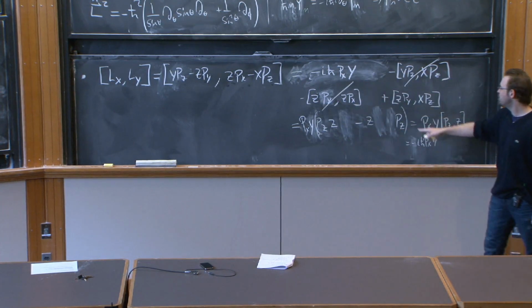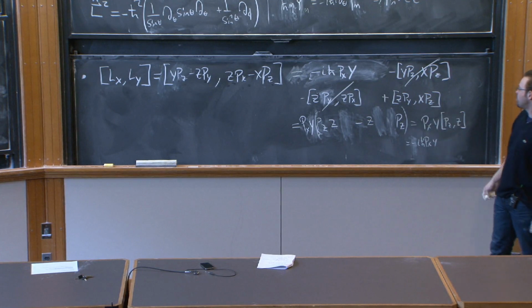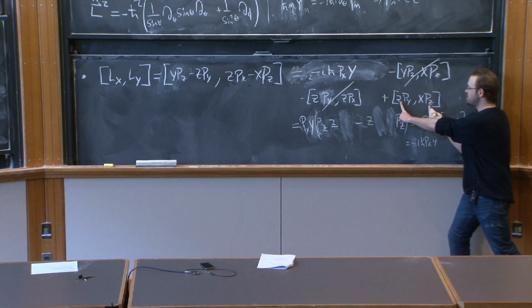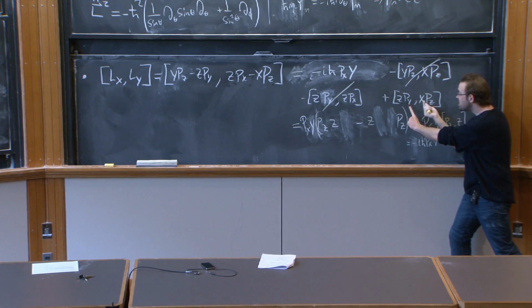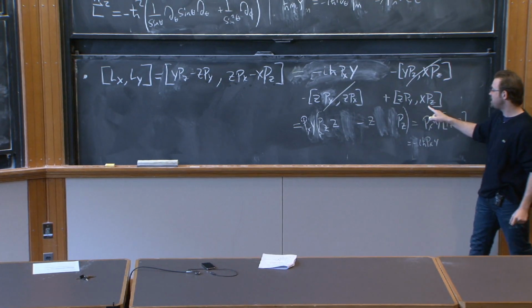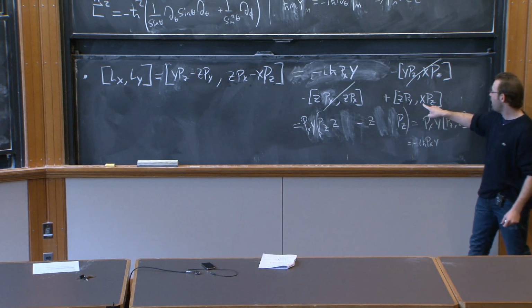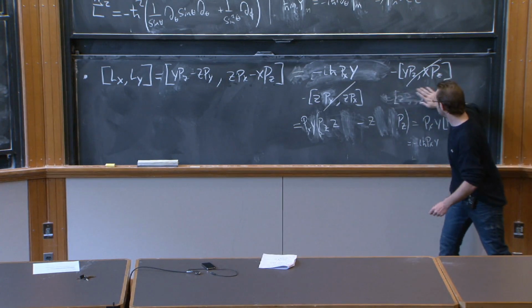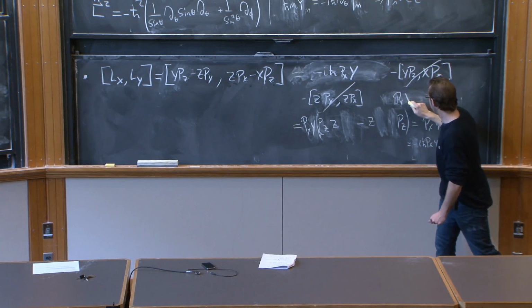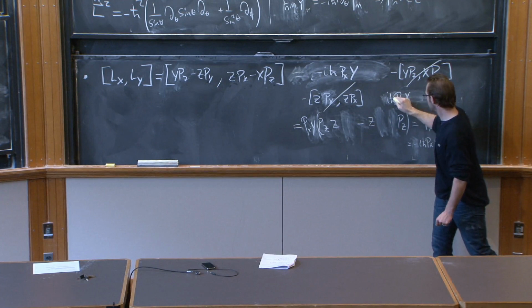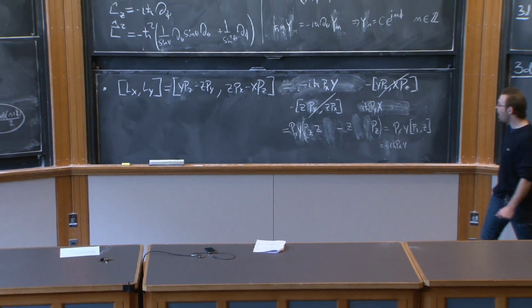And now this term, z, py, x, pz. The only two things that don't commute with each other are the z and the pz. The px or the py and the x I can pull out. So I get a term that's x, py, and then the commutator of z with pz. And what is that going to give me? Py x i h bar. Aha!